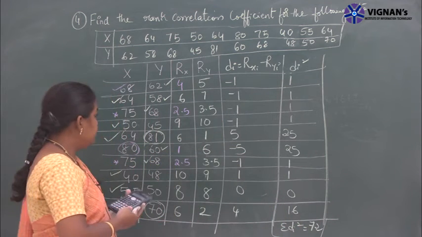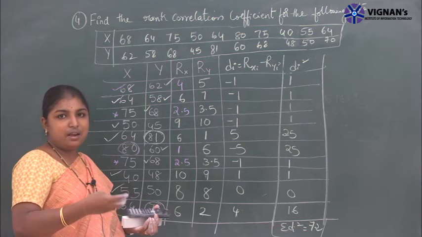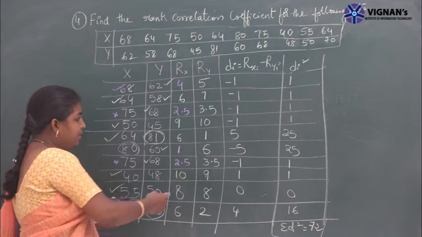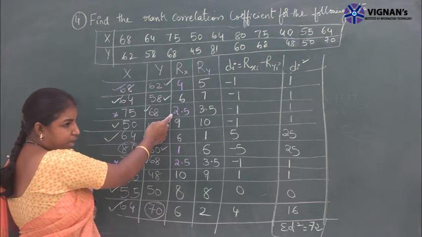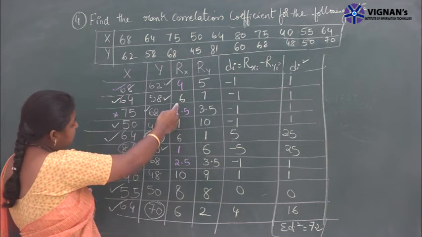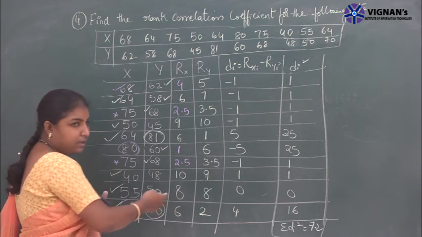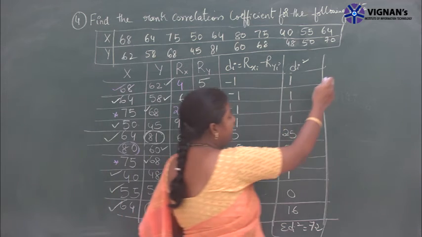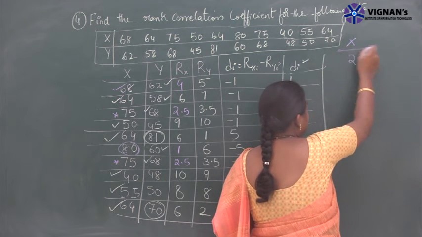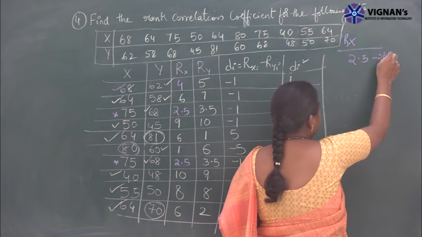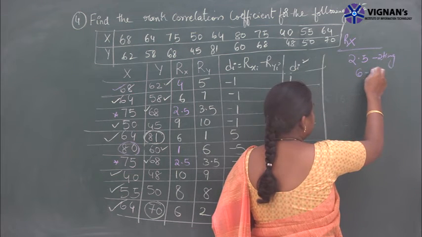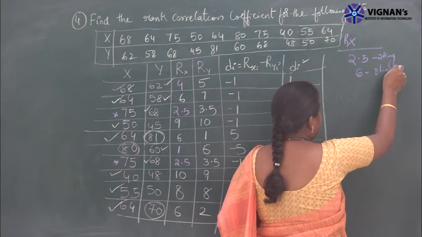Right? And see here how many ranks are repeated in x values. In x values, 2.5 occurs 2 times, and 6 occurs 3 times. In x ranks, 2.5 is repeated 2 times and 6 is repeated 3 times.